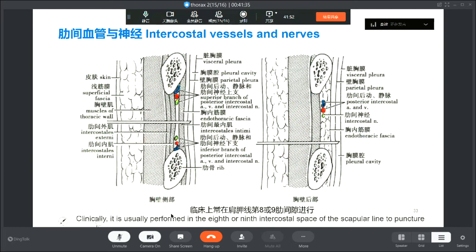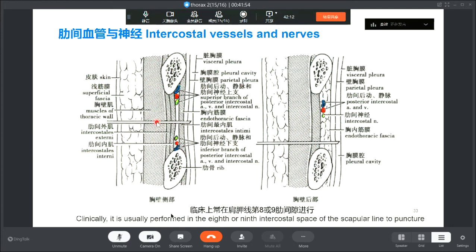Clinically, this part shows the needle. The needle can go through the thoracic wall and get into the pleural cavity.